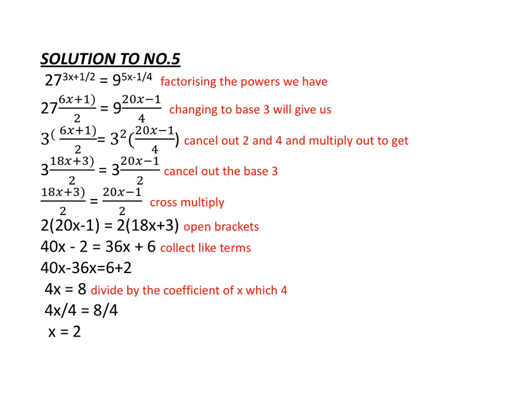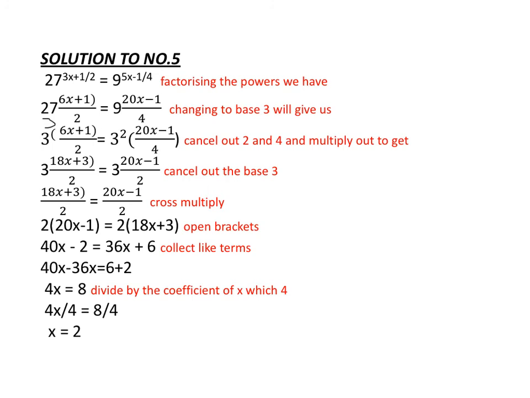27 raised to power 3x plus 1 over 2 is equal to 9 raised to power 5x minus 1 over 4. Factorizing the powers, we have 27 raised to power 6x plus 1 all over 2 equal to 9 raised to power 20x minus 1 all over 4. Changing to base 3, there should be 3 here.